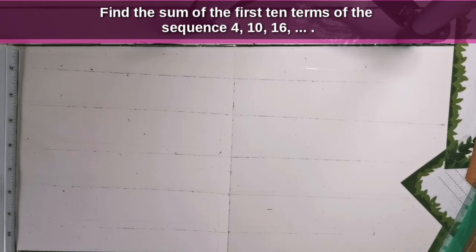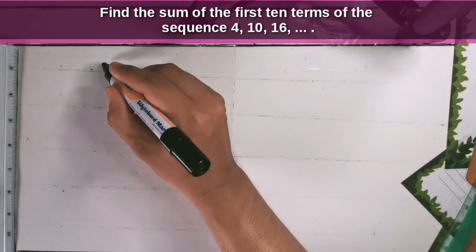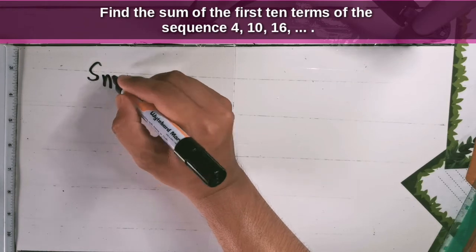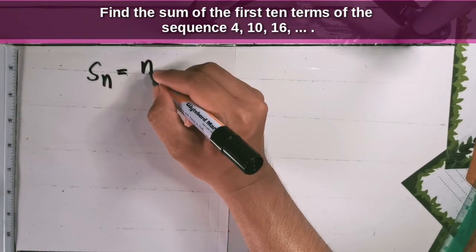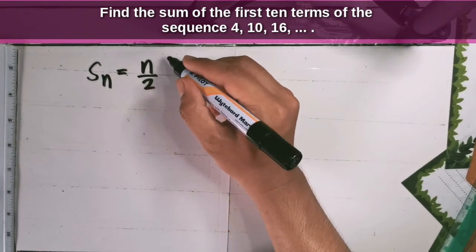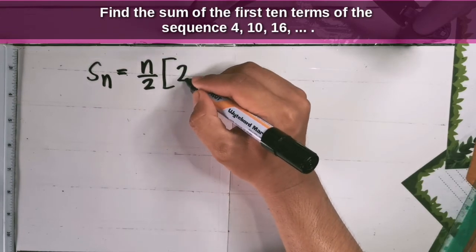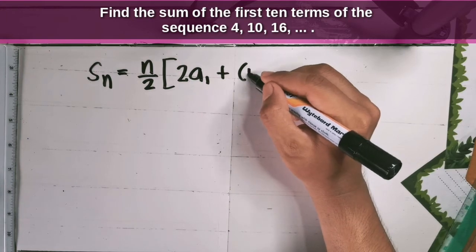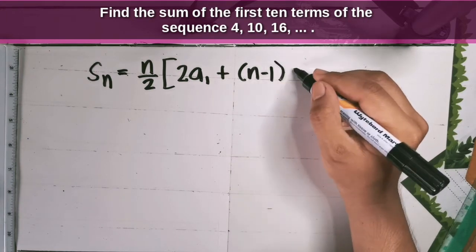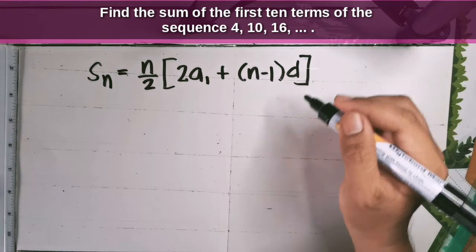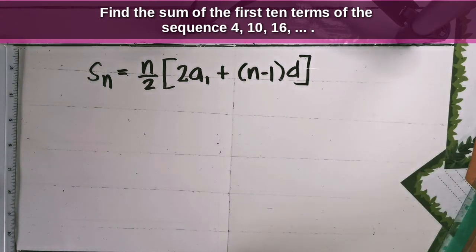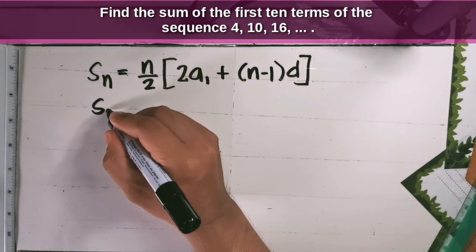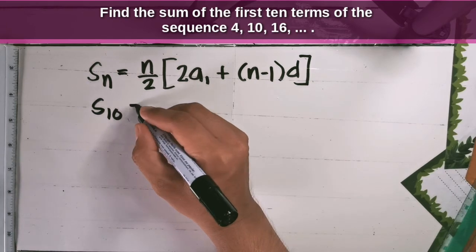So, we're going to use the other formula, which is S sub n equals n over 2 times 2a sub 1 plus the quantity of n minus 1 times d. Okay. So, ang hinahanap natin ay 10 terms or the sum of the first 10 terms. That is S sub 10.